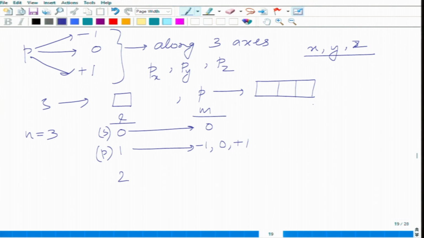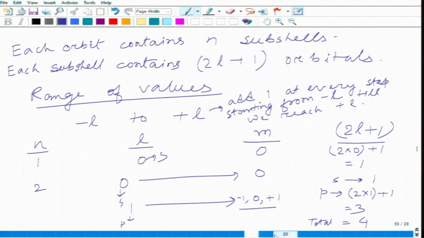So if we talk about the orbitals, this is 3s. Now this is 3p. So 3p will have 3px, 3py, 3pz. And this one we were talking about n equal to 2.